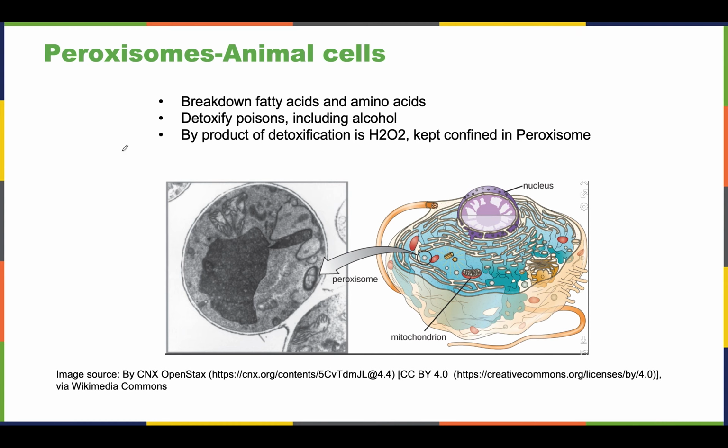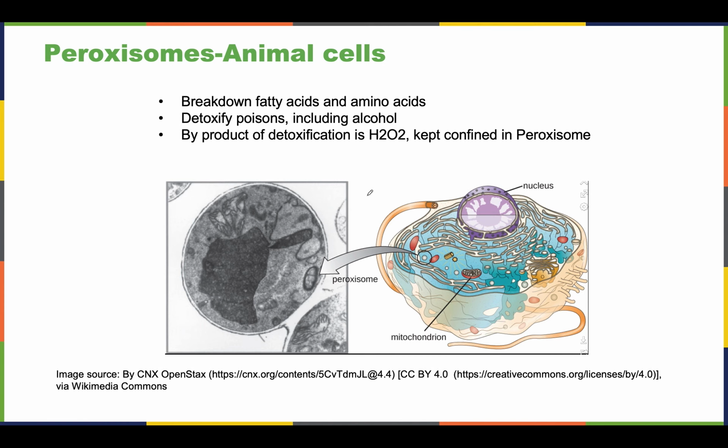Peroxisomes are these little organelles that are very important in a number of aspects. First of all, they break down fatty acids and amino acids, so they have a lot of digestive enzymes in there. They are also involved in detoxifying poisons, including alcohol and other poisons, and usually one byproduct of detoxification is hydrogen peroxide.